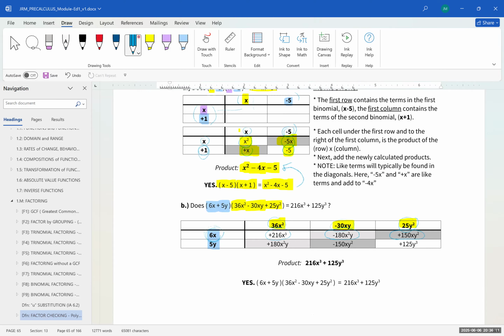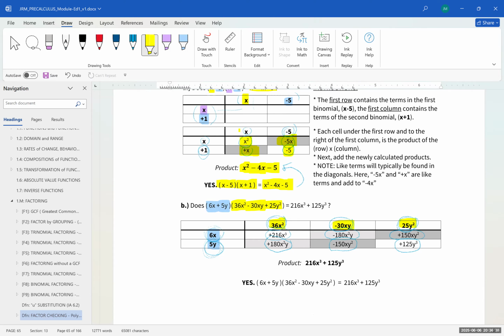Then down to the second row, 36x squared times 5y gives us a positive 180x squared y. Negative 30xy times positive 5y gives us a negative 150xy squared. And 5y times 25y squared gives us 125y cubed.